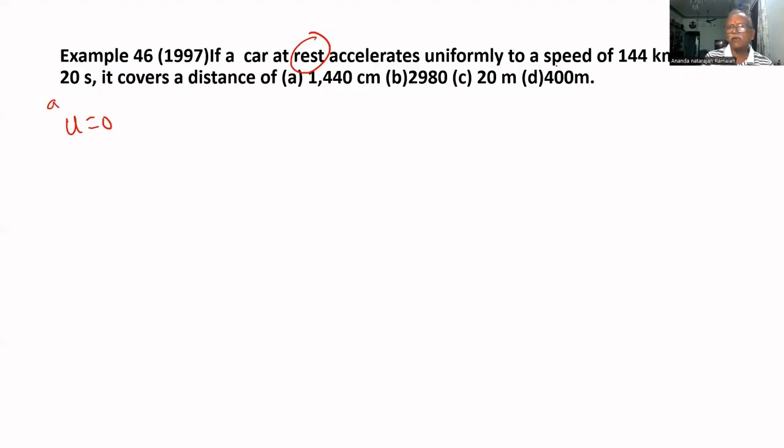To a speed of 144, so v equal to 144 km per hour, in 20 seconds. It covers a distance of. So t is also given. We have to find the S.